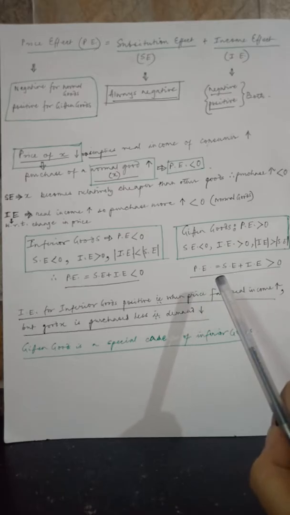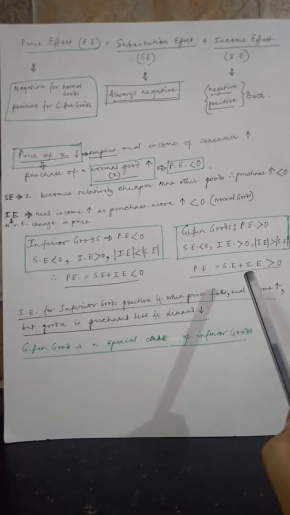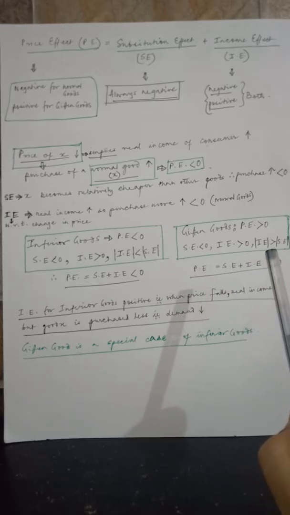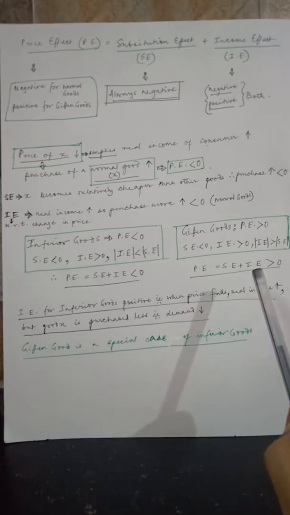Suppose the consumers, as was seen in Ireland, are consuming meat and potato. Now the price of potato has fallen, so they would like to increase the consumption of meat. They would like to purchase more meat, because when the price of potatoes has fallen, they would have more real income, so they would like to spend more of the real income on the more nutritious thing, that is meat.